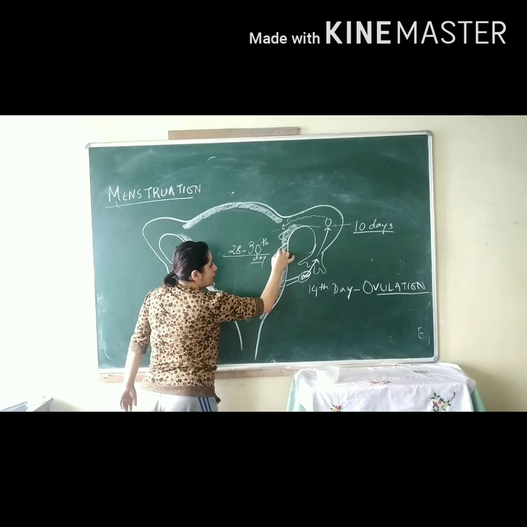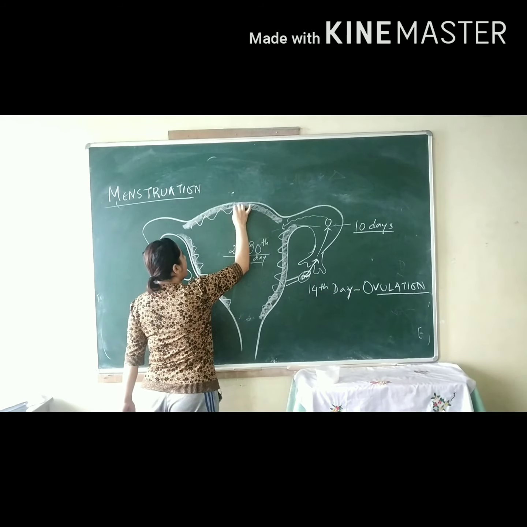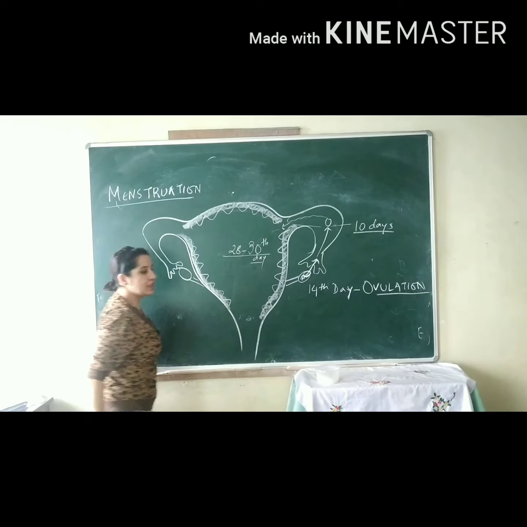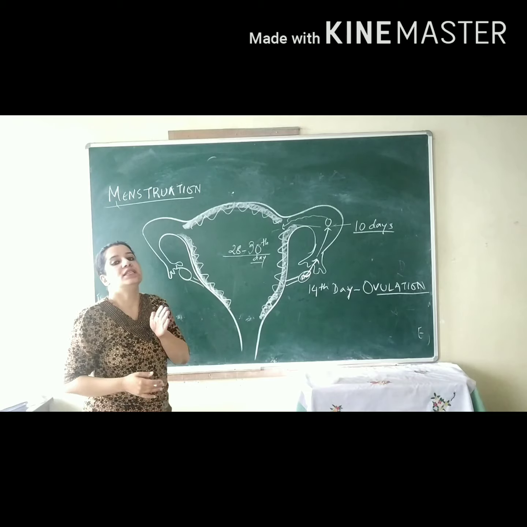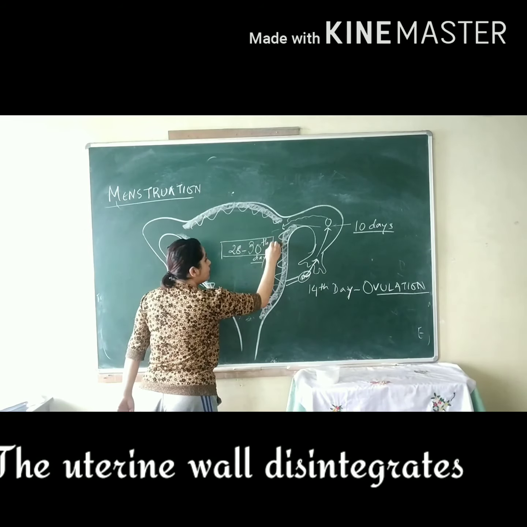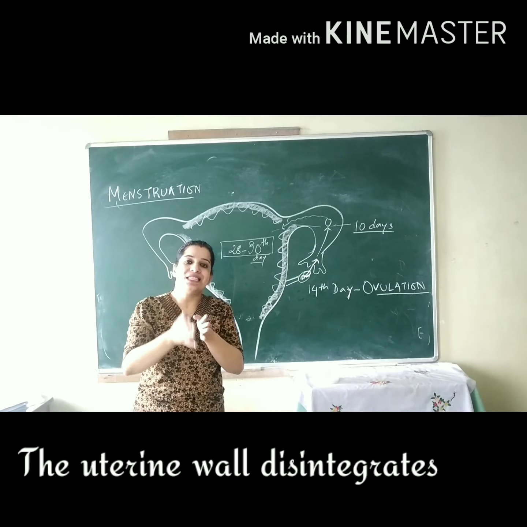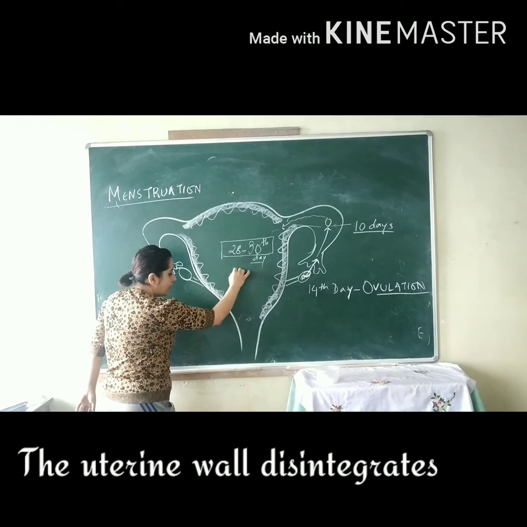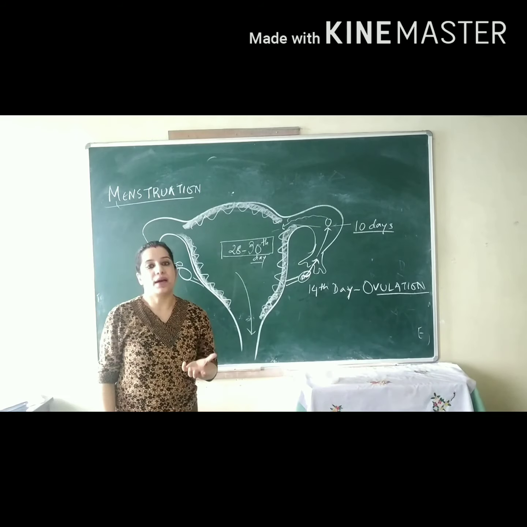Now, it does not require these thick uterine walls because no fertilization took place. So slowly it starts disintegrating. Between the 20th to the 30th day, the uterine wall starts disintegrating and then it is released from the vagina as blood.